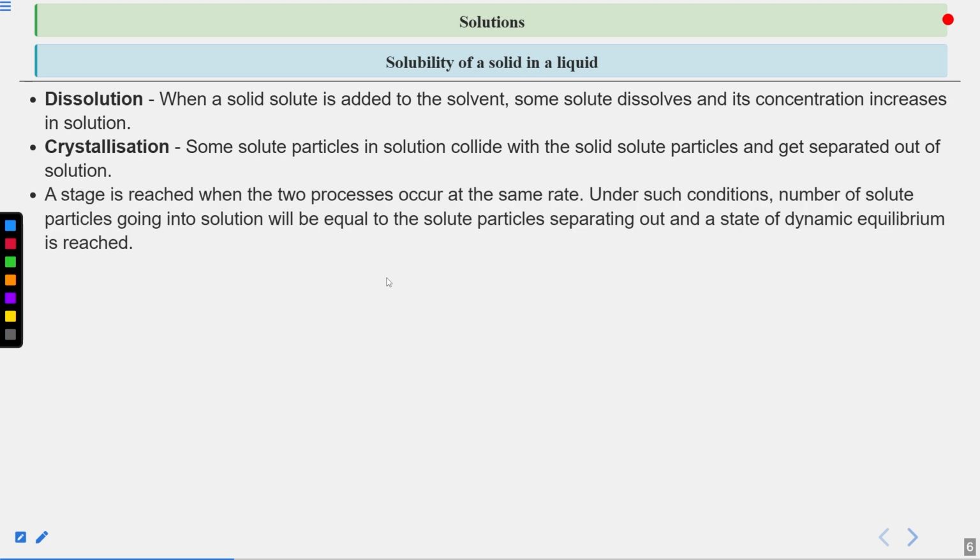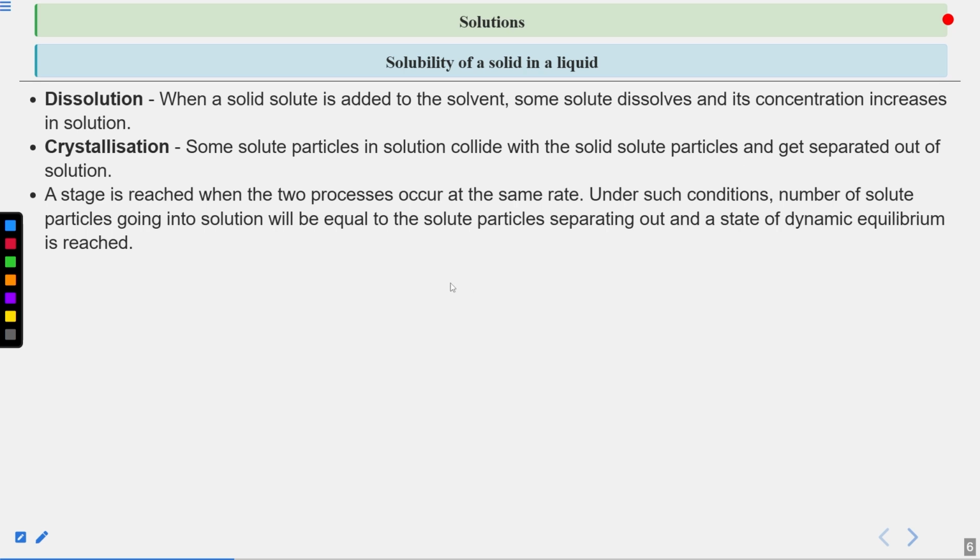But a stage is reached when these two processes occur at the same rate. In this condition, the number of solute particles going into solution will be equal to the number of solute particles separating out, and this stage is termed dynamic equilibrium. So what is dynamic equilibrium?